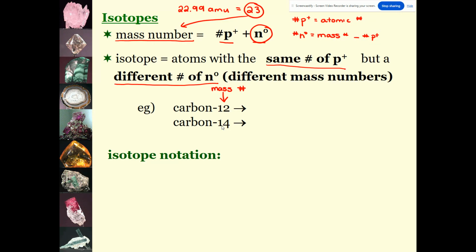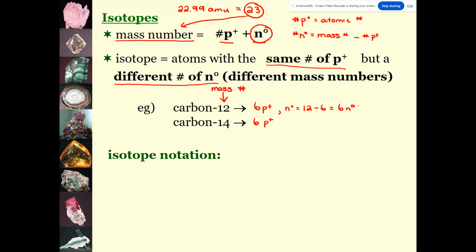How do we figure out their subatomic particles? So carbon's atomic number is 6. So that means carbon is going to have 6 protons for both isotopes. But their neutrons are going to be different. Okay? For carbon's neutrons, it's going to be the mass number of 12 minus the protons, which is 6.